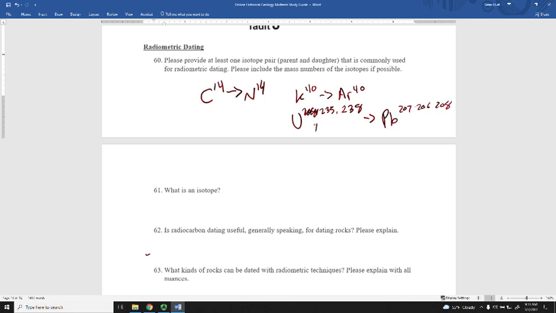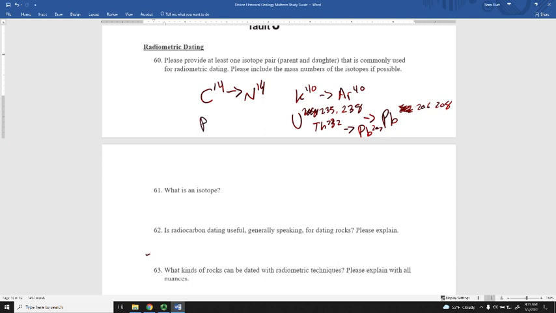You could also talk about thorium-232 going to lead. I think it goes to lead-208 if I'm not mistaken. Can't remember exactly now. But I won't take credit off if you get the lead isotope confused, because I can't even remember off the top of my head right now. But you should know one of those things.